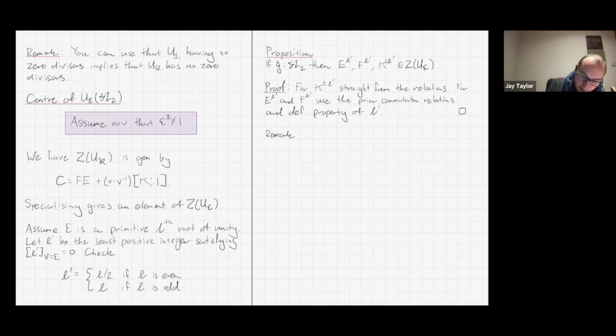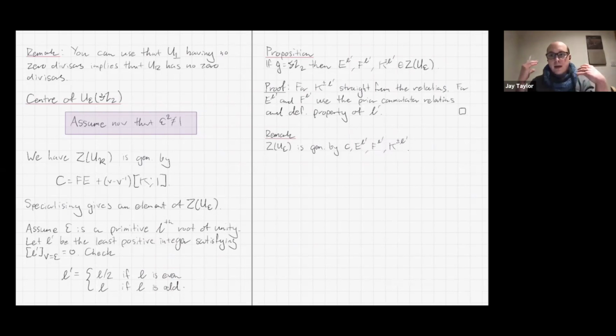We can actually say more, but I'm not going to do more. The center is actually generated by C, E^l', F^l'. This gives a full generating set.